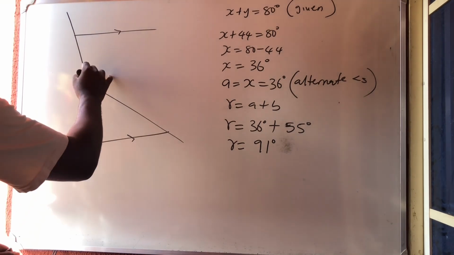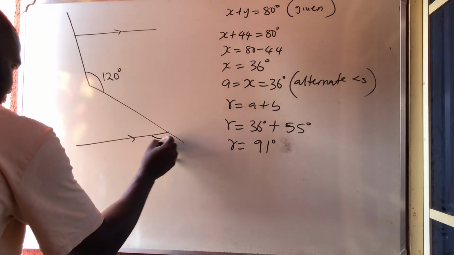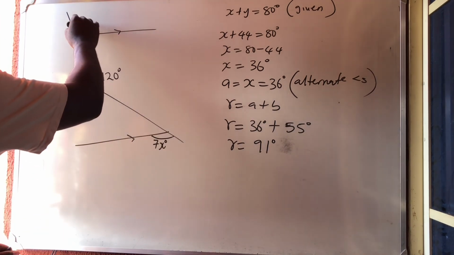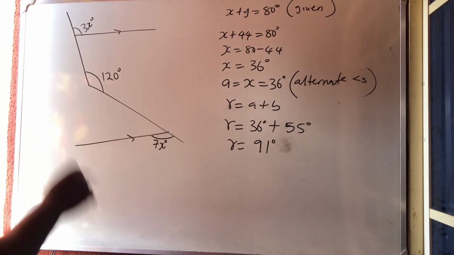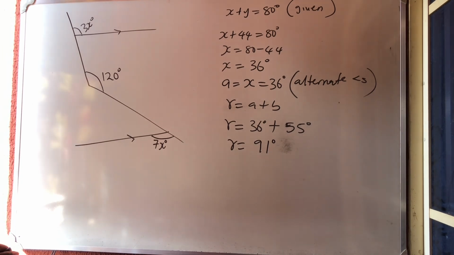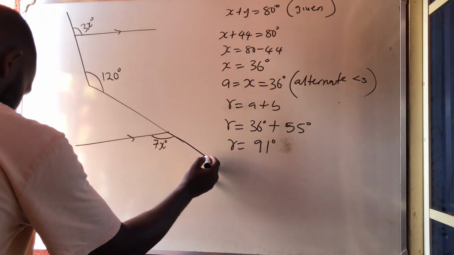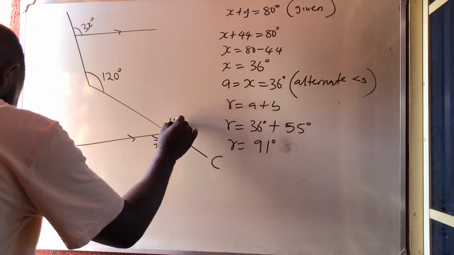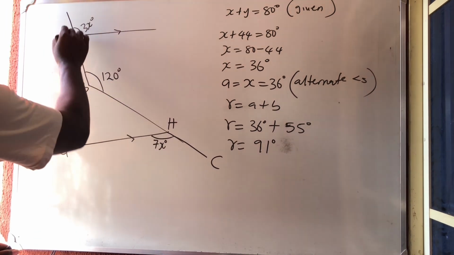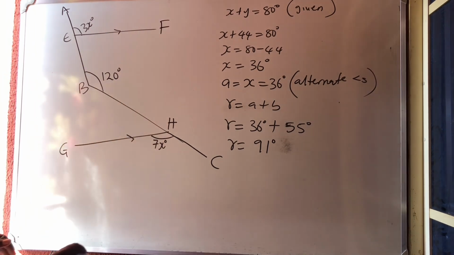And I'm having that here is 120 degrees, and then here is 7x degrees, and then here is 3x degrees. They say that here is C, H, G, B, E, A, F.